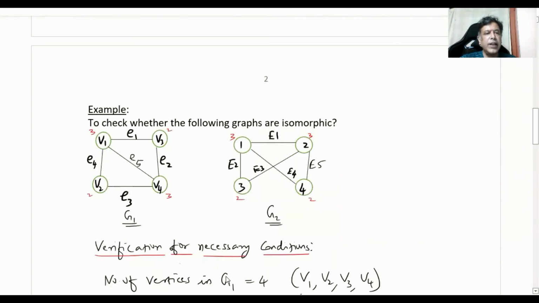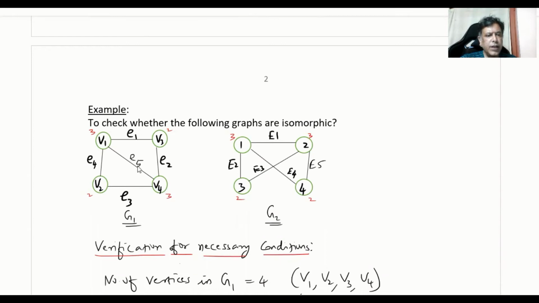Now let us check the degrees. Here I already wrote the degrees for each vertex. V1 has 3 edges, and here also vertex 1 has 3 edges, so its degree is 3. Here also it is 3. Whereas for V3 it is 2, because there are only 2 edges. For V2 it is 2 edges.